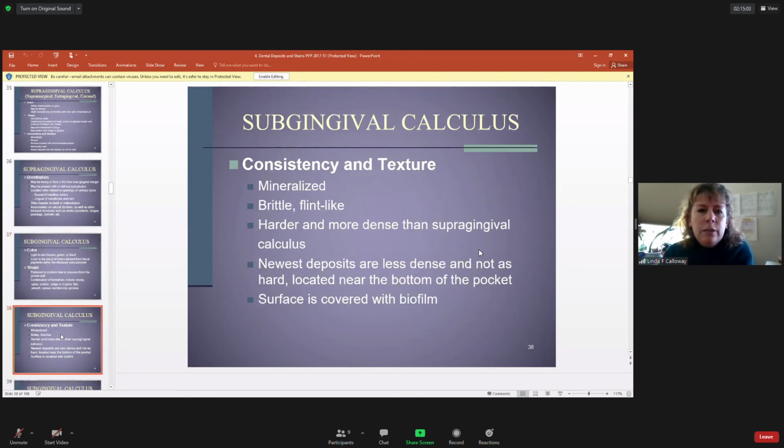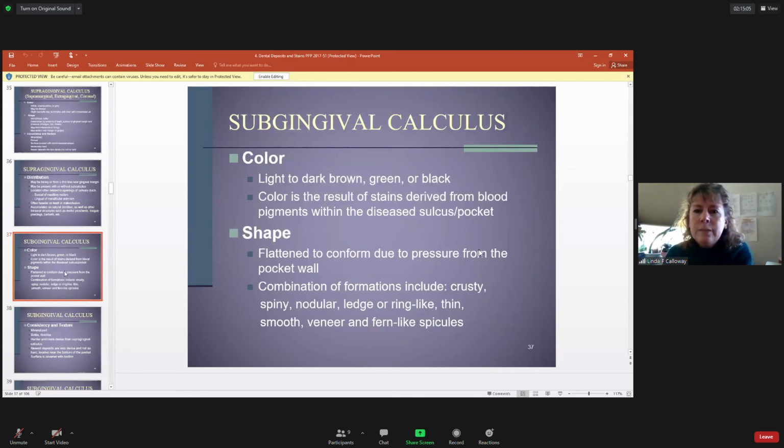The calculus can have color because it can absorb stain. The color is a result of stains derived from blood pigments within the diseased sulcus pocket. So even the calculus below the gum line can be stained from the blood pigments.